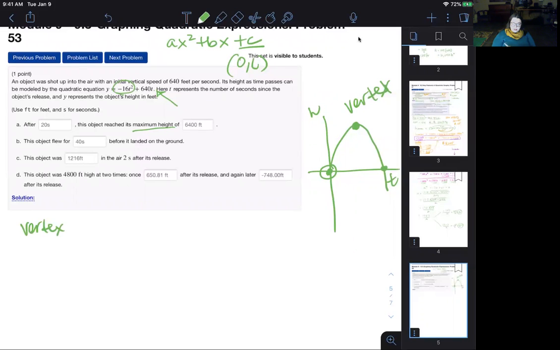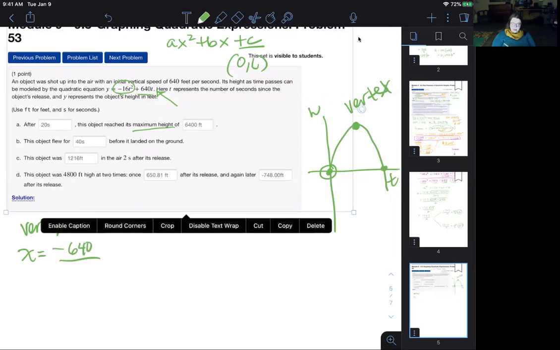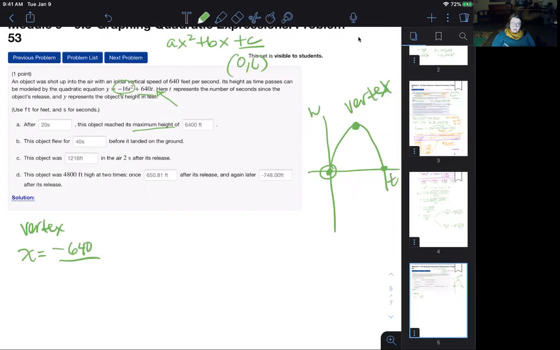So the vertex is going to be x equals negative b, and in this case b is 640, so negative 640 divided by 2a, so 2 times negative 16.